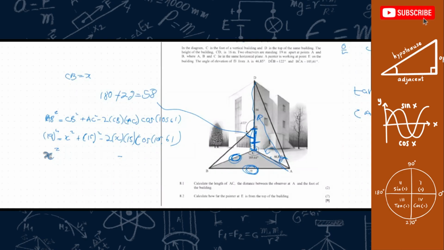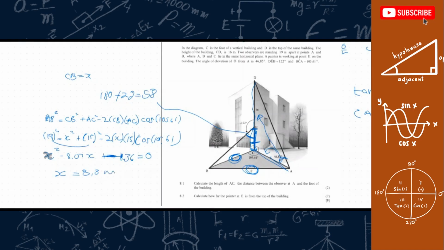It's a negative 8.07X, and we will have 15 squared minus 19 squared, and that gives us negative 136 is equal to 0. And we can use the quadratic formula to solve for it. Okay, and we would get a length of 8.3.